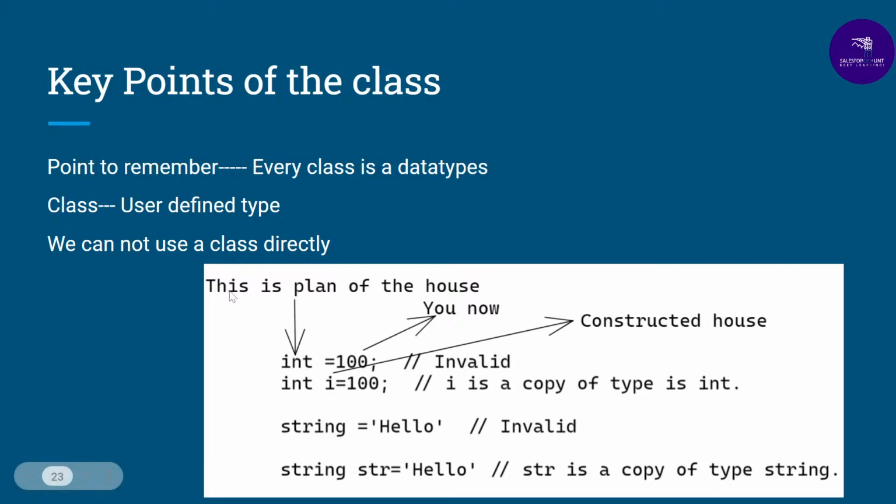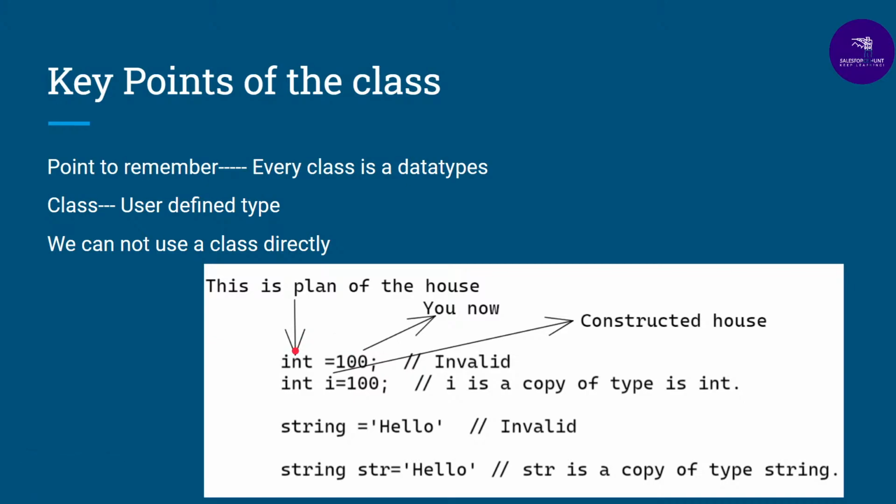Integer is the plan of your house, and the value, like 100, is yourself living in it. That 100 is not automatically stored into the integer, and that is the one problem. If you want to store this variable, int equal to 100, you cannot live directly in the plan.